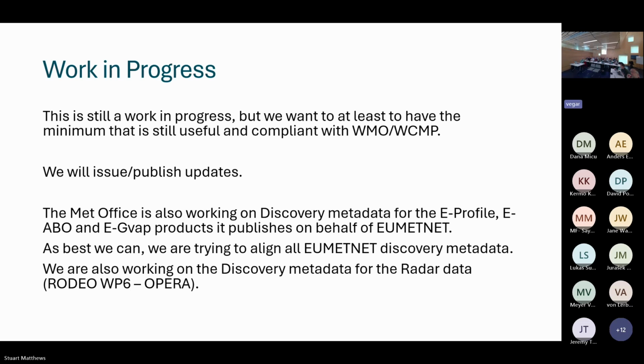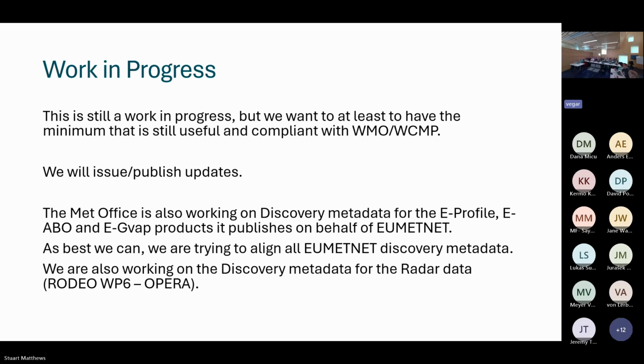As well as the work we're doing on this ESO data set, the Met Office, who hosts three EUMETNET data hubs, one for eProfile, EABO, and EGVAP, are also going to publish the data onto WIS2, of course, and make it available through MeteoGate.